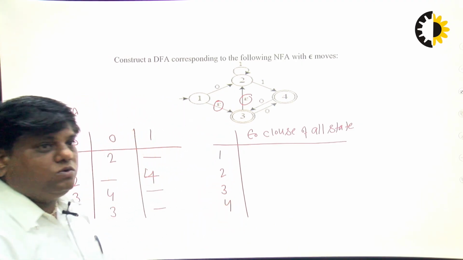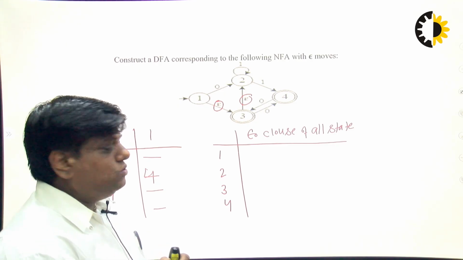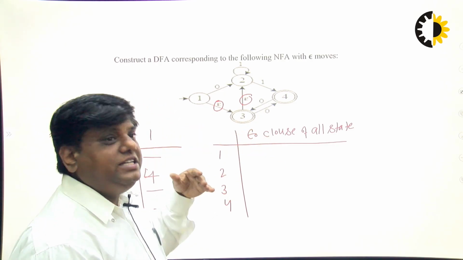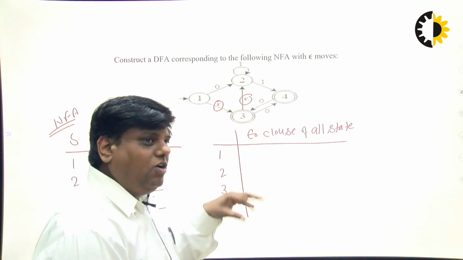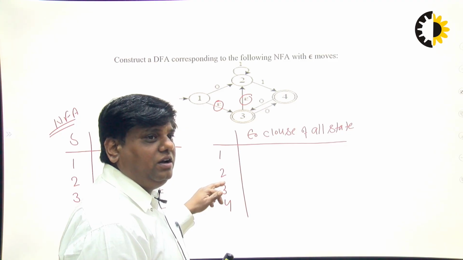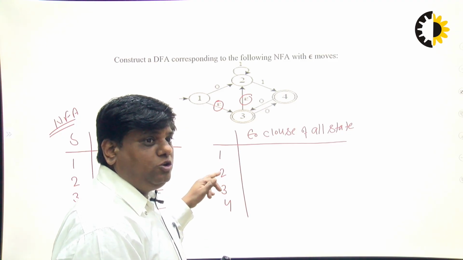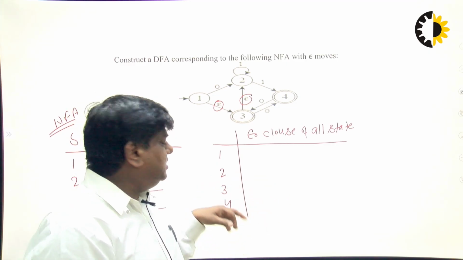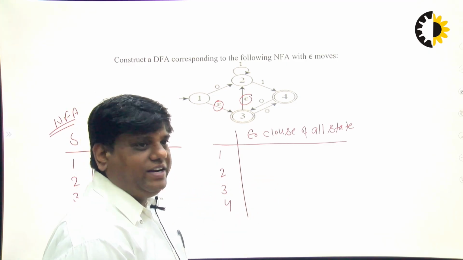What is the epsilon closure? With the help of epsilon, how many states can a state reach? All those states are known as the epsilon closure. Simply, with the help of epsilon, state 2 reaches how many states? Then all those states are the epsilon closure of that state.